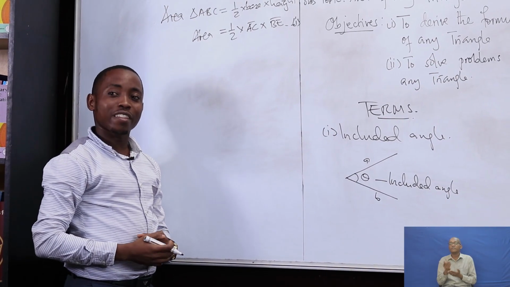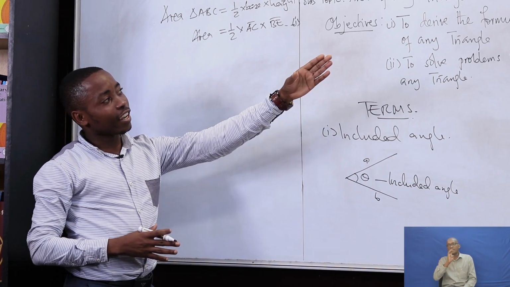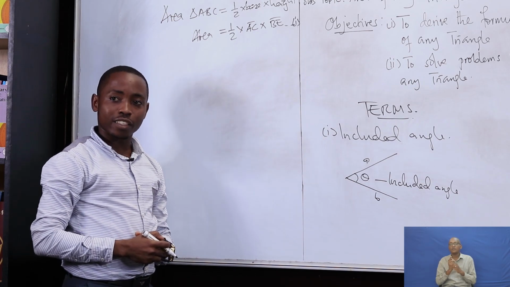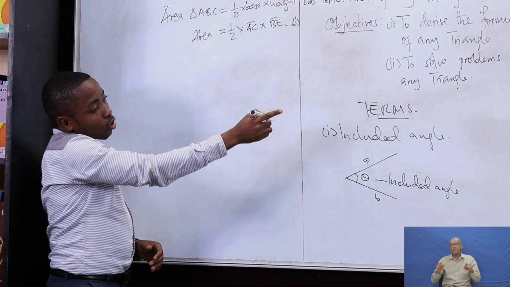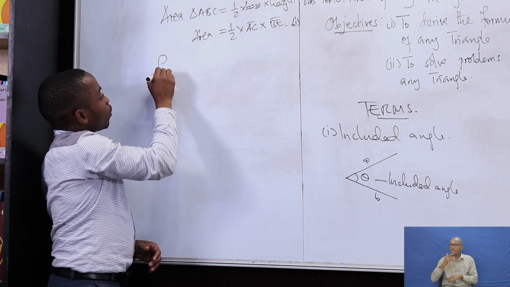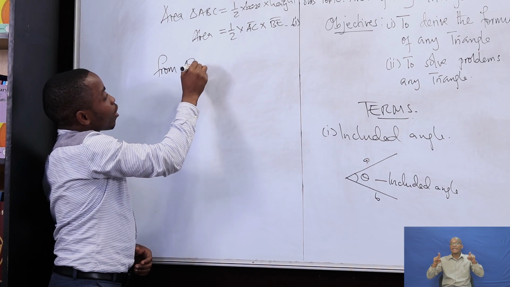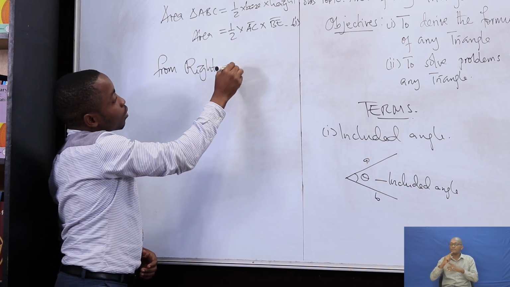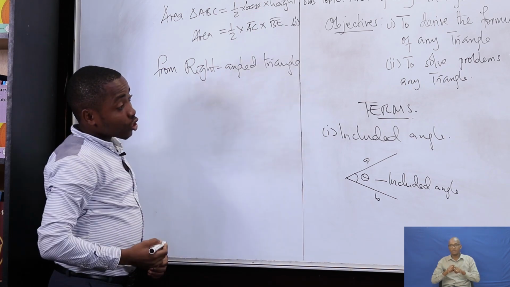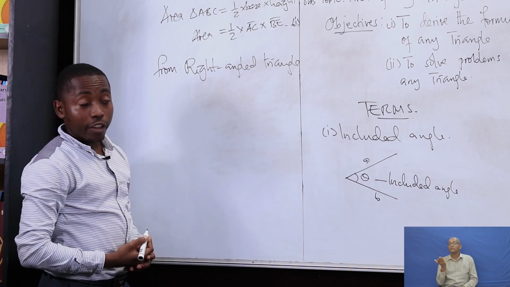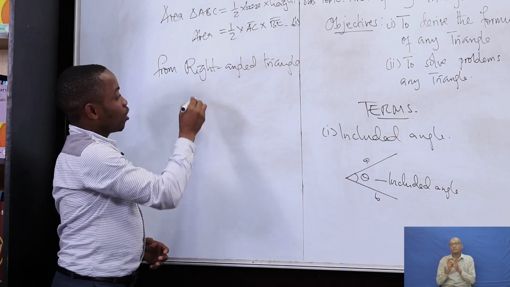Here we are going to use the second concept of right-angled triangle that we have discussed. How are we going to use it? From the right-angled triangle, which triangle? Take the small triangle BEC.